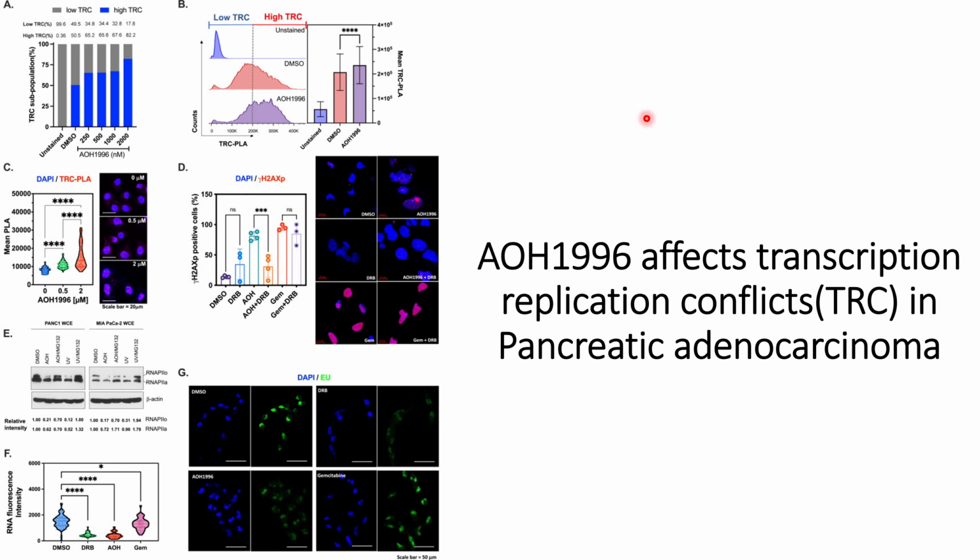I hope you understood and are somewhat convinced that AOH1996 affects transcription replication conflicts in a positive manner in pancreatic adenocarcinoma. If you want to understand more about their experiments in detail, you can go through the reference provided in the description.